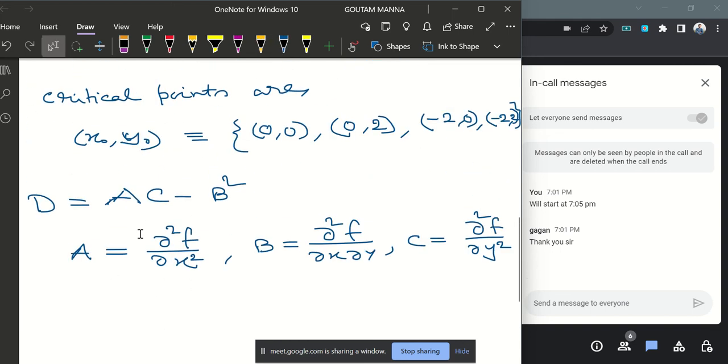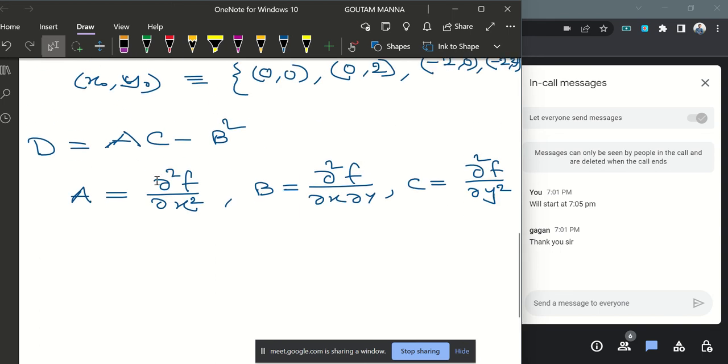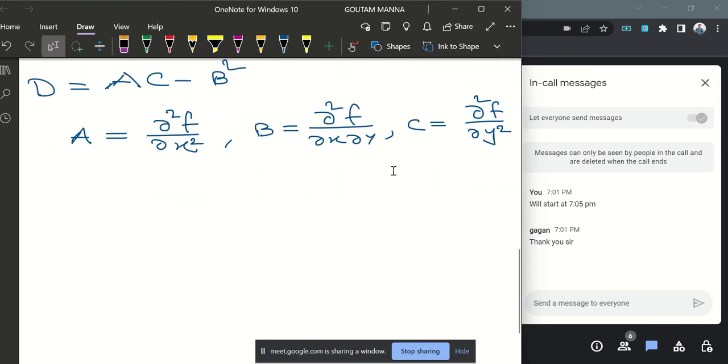There is a half, but since we only care whether D is greater than 0 or less than 0, the half will not matter. If something is less than 0, then half of it will also be less than 0.